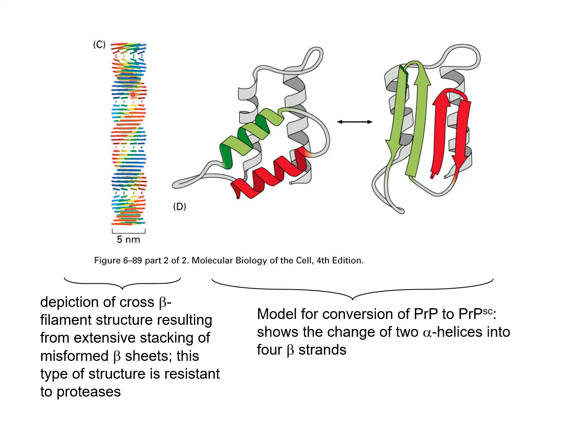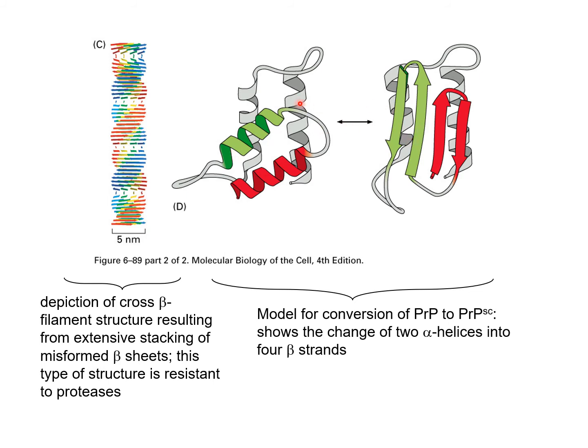The problem with beta sheets is that they can be stacked together without too much space, so they can be fully packed, which makes them resistant to any kind of protease action, because they are so packed together.